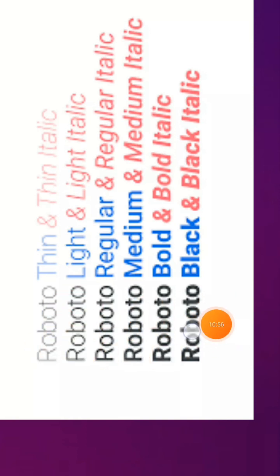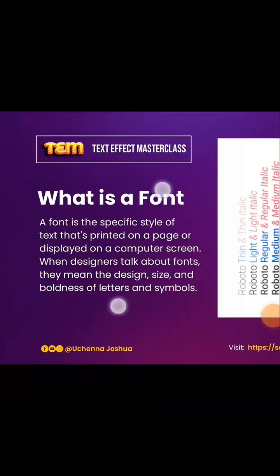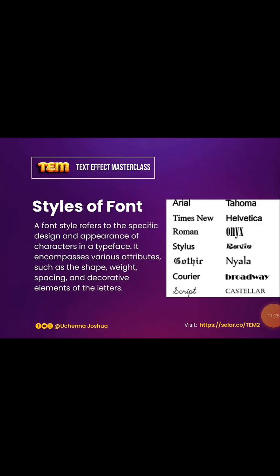Under that typeface, we have these fonts: Roboto Black, Roboto Bold, Roboto Medium, Roboto Regular, Roboto Light, and Italics. Roboto Regular, Bold, and Medium are the fonts, while the name of the typeface is Roboto.